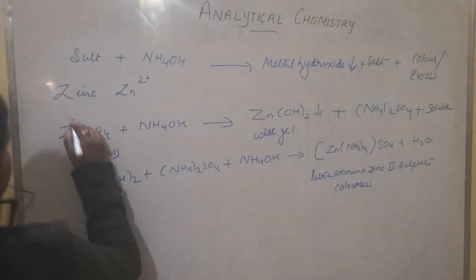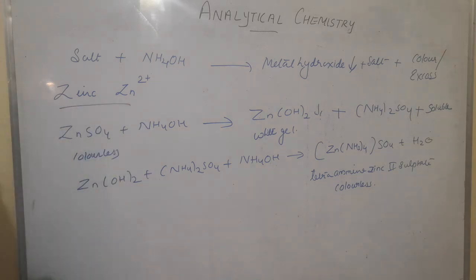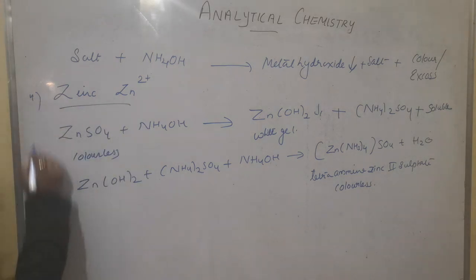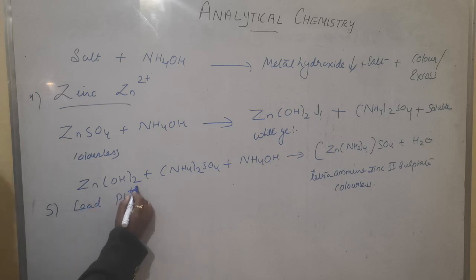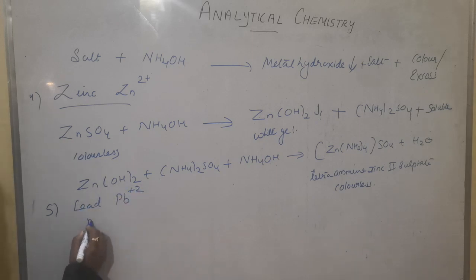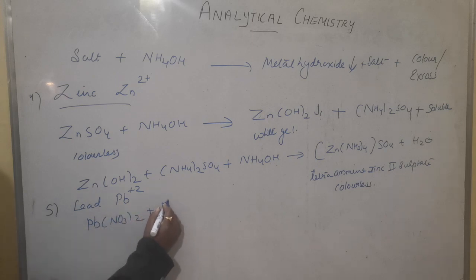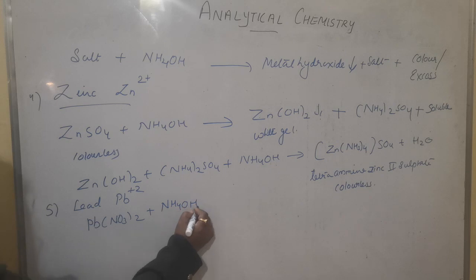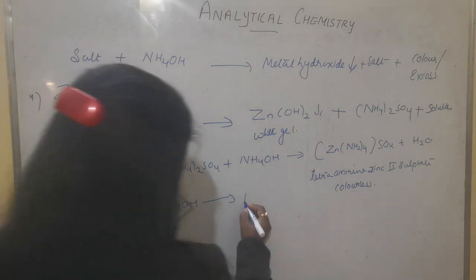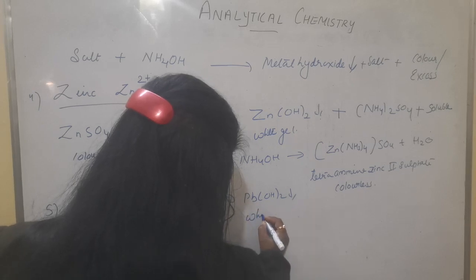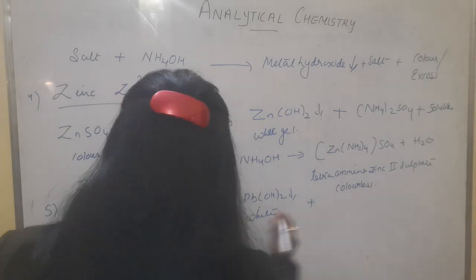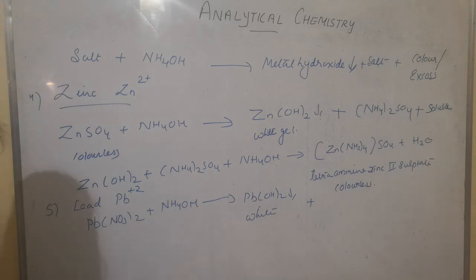Next we will take lead. This is fourth one, and this is fifth. Lead symbol is Pb, plus 2 valency state. We will take lead nitrate, add NH4OH: lead hydroxide, white precipitate, and what salt?